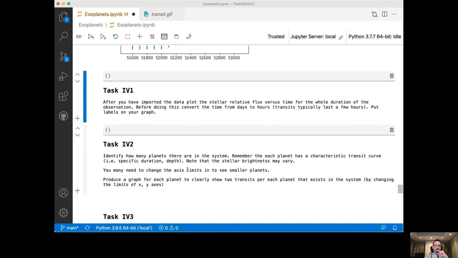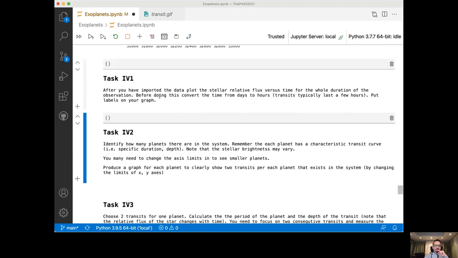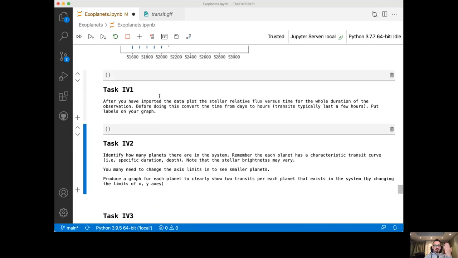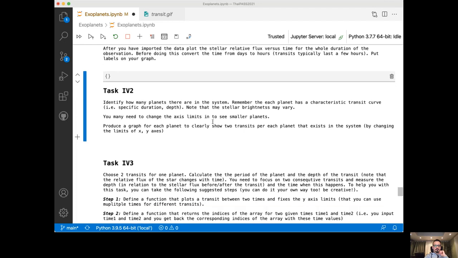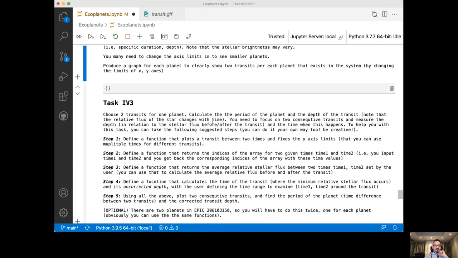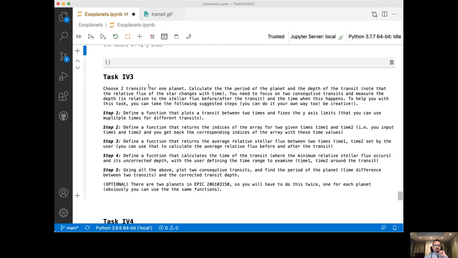Okay, so what I ask you to do is, the first task is to import the data. I gave you an idea how to do that. The second task is to identify how many planets there are in the system. And the third task is to choose two transits for one planet.